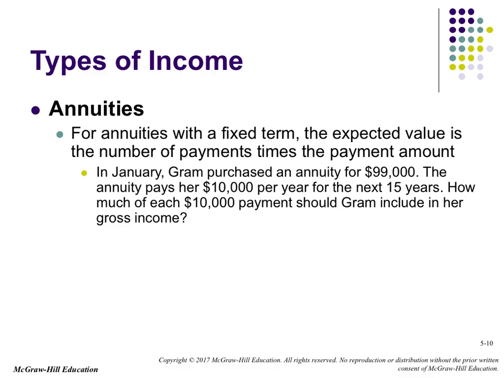How much of each $10,000 payment should she include in her gross income? First, let's look at our formula. I'm going to rewrite it here, though it's on the previous slide.